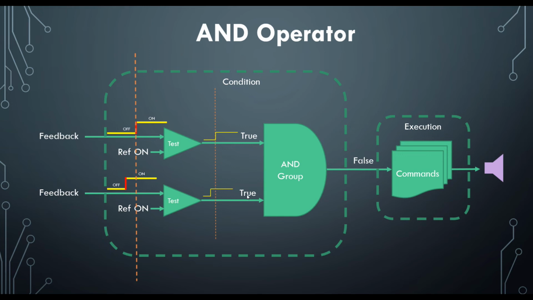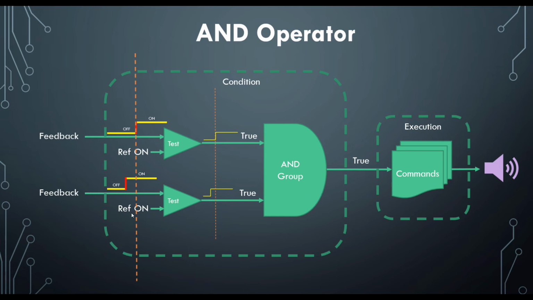So now we have a true on both of the inputs at the same time to the AND group. Therefore, the output of the AND becomes true, the condition is met, and the execution of the commands goes ahead and the sound file plays.